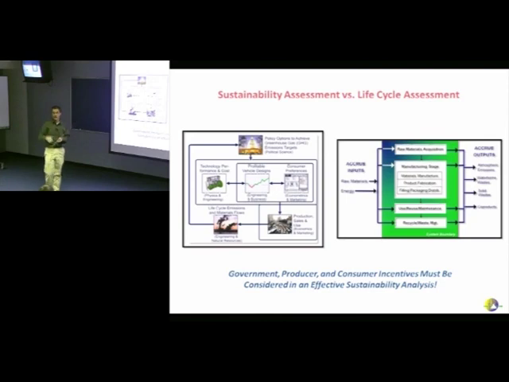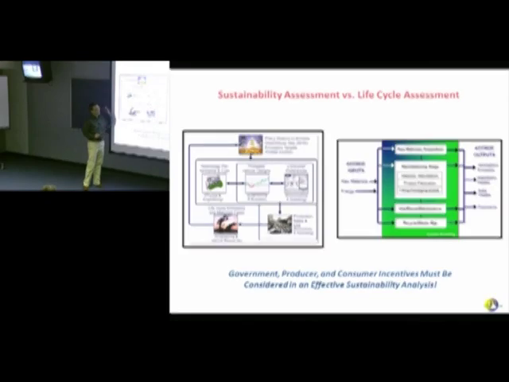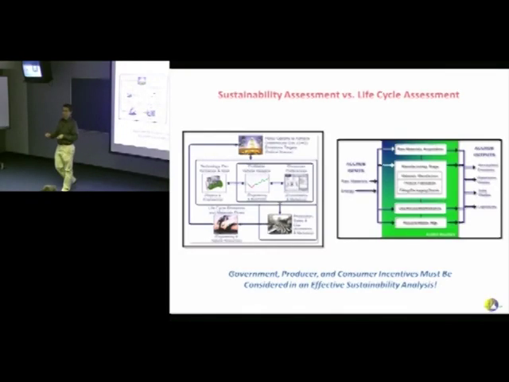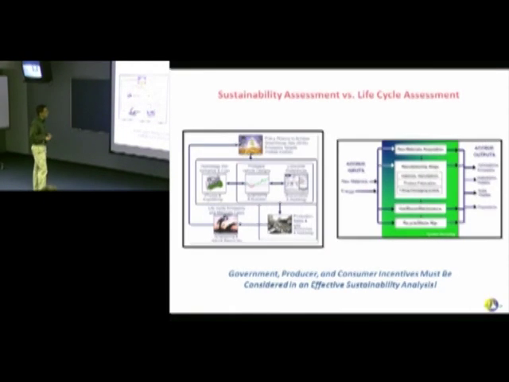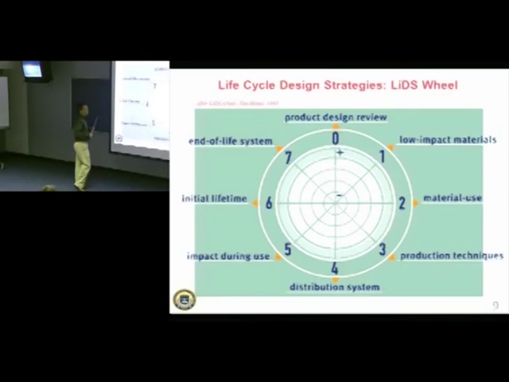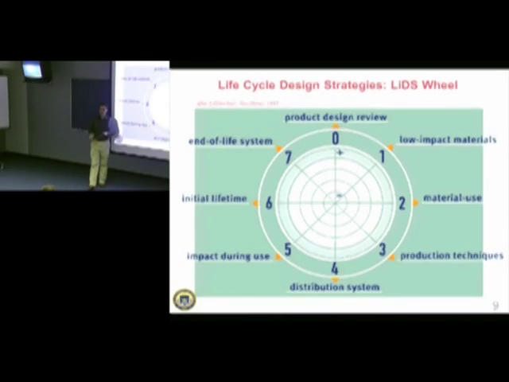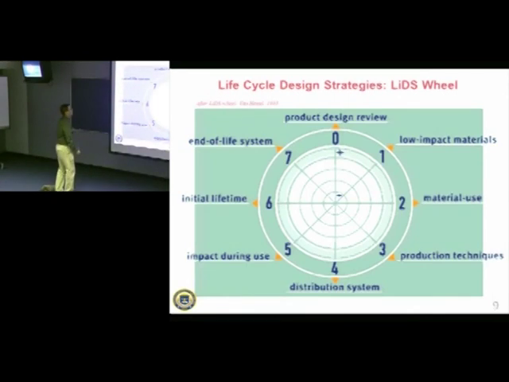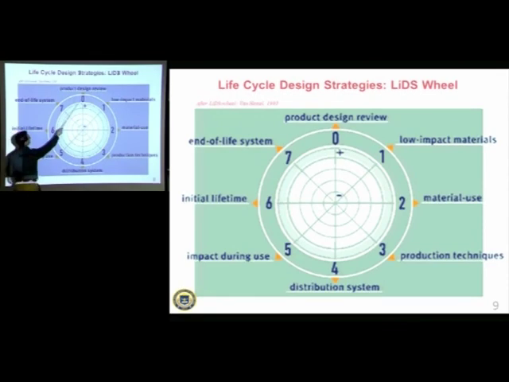If we're concerned about where the lithium is going to come from eventually, and there's a big controversy about that, maybe we think of something else. So it can be a source of innovation also. The life cycle design strategies wheel is a way that forces designers to think about all the aspects of a product. So let's think about what the product actually is.